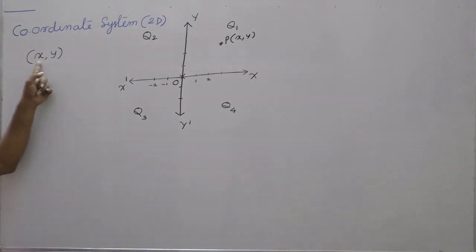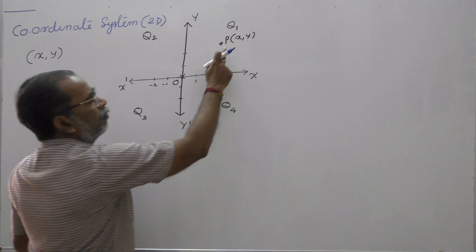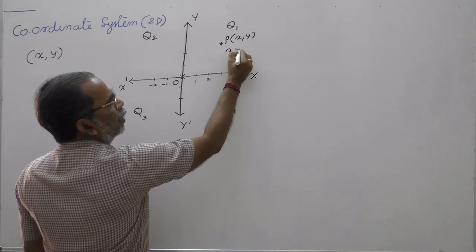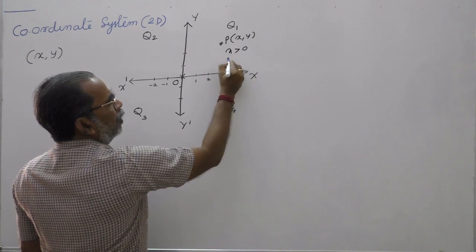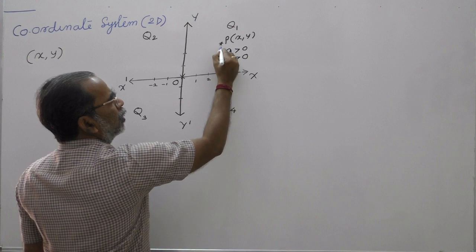Here x is called the first coordinate or x coordinate, y is called the y coordinate or second coordinate. If the point is in the first quadrant, then both coordinates will be positive. x is greater than 0, y is also greater than 0.